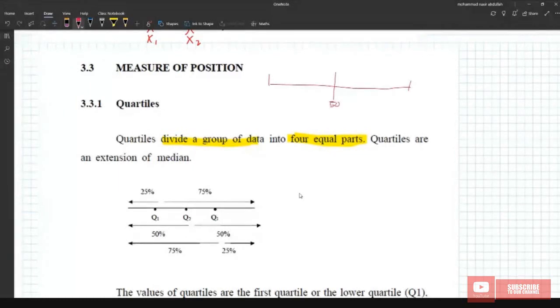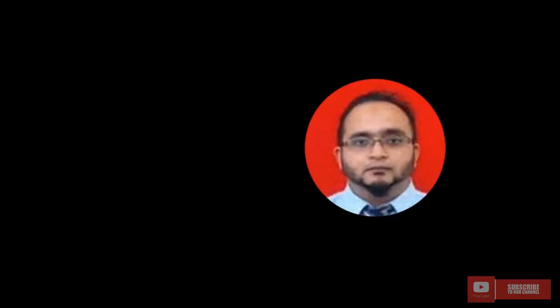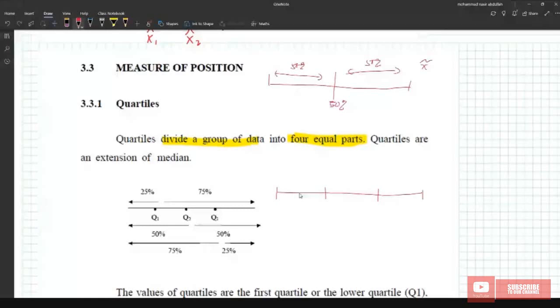So this has 50% of the area, and this also has 50% of the area. This is for median, right? For quartile, we're going to divide the data into 4 equal parts, which means we're going to cut 3 times. This is the first cut, second cut, third cut.